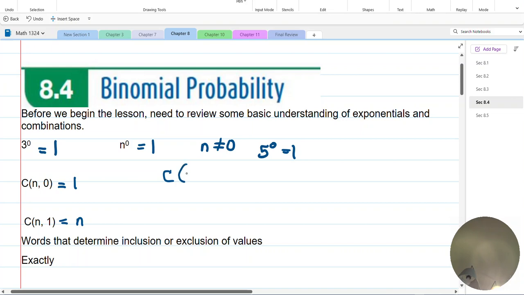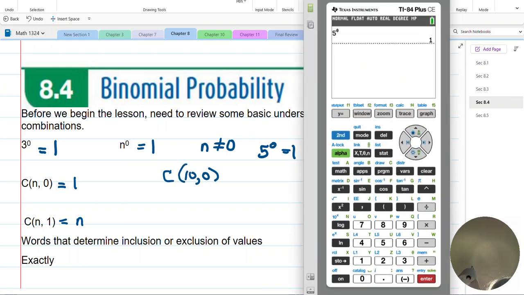So we want to do this one: C of 10, choose 0. Remember for the calculator, we enter the number first, our sample size, then math, and then we go to PROB. We choose number 3 and enter 0, and we get a 1.